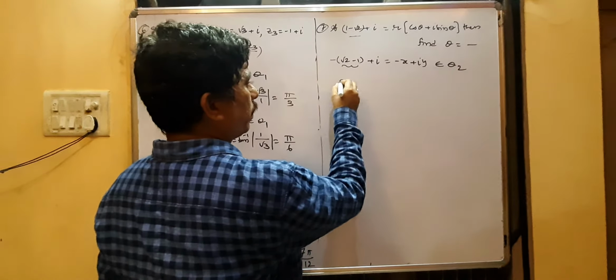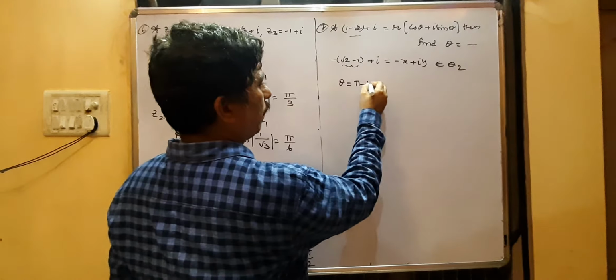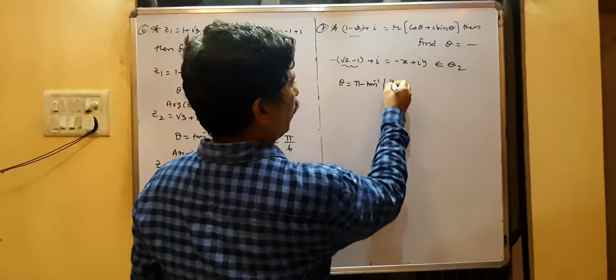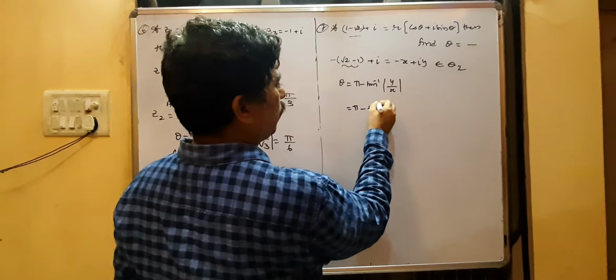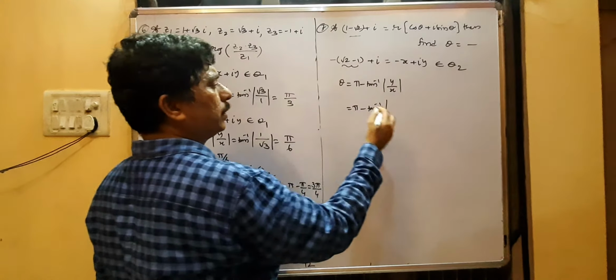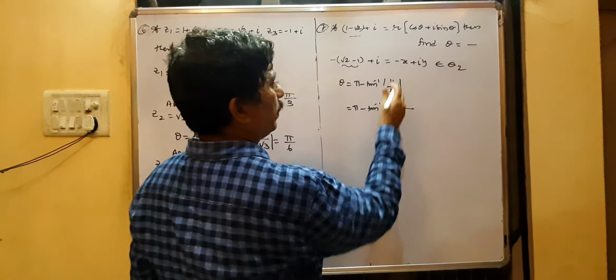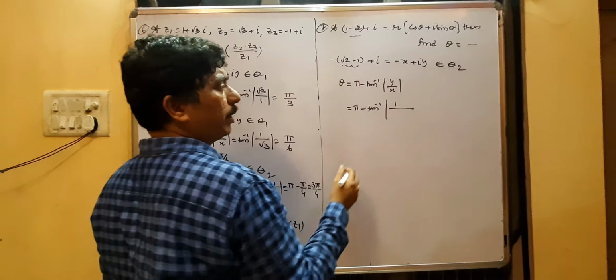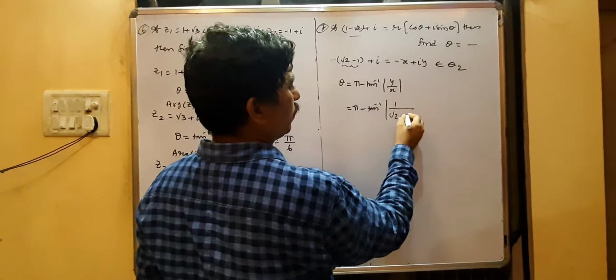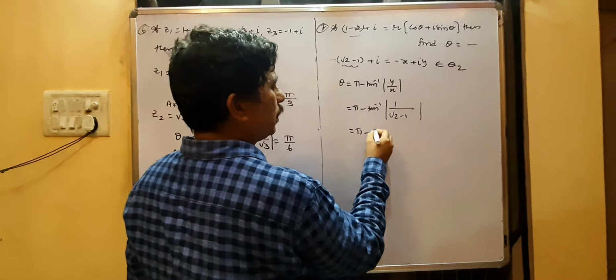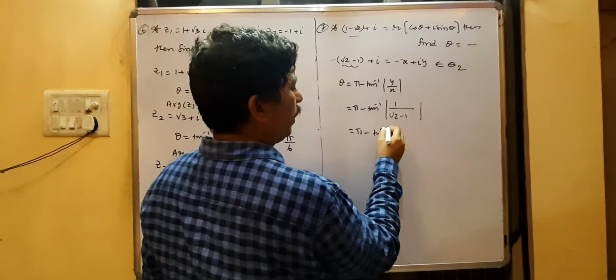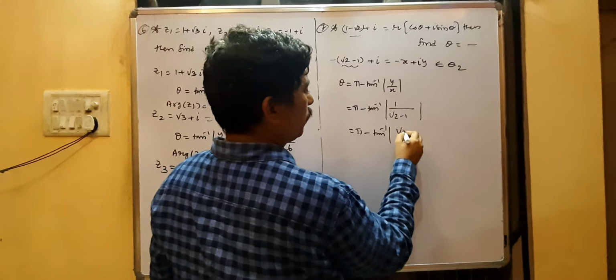So what is the theta formula? Pi minus tan inverse of mod y by x. Y is 1, divided by x, which is minus of (root 2 minus 1). Minus minus cancel, so root 2 minus 1. Now multiply and divide with root 2 plus 1.